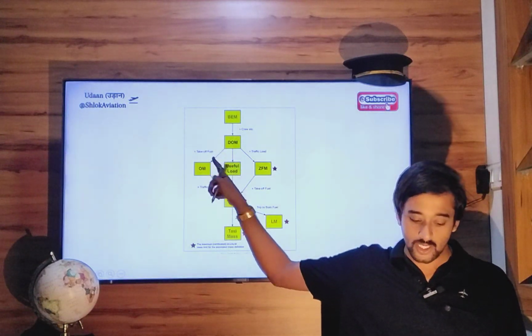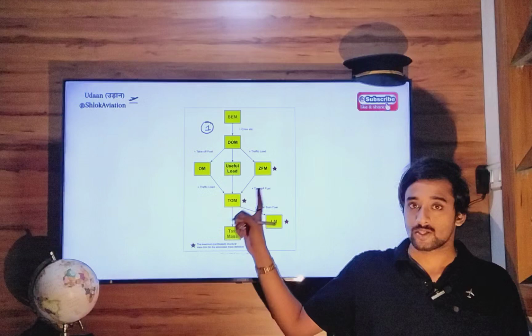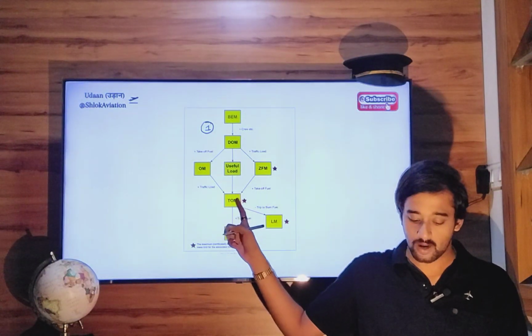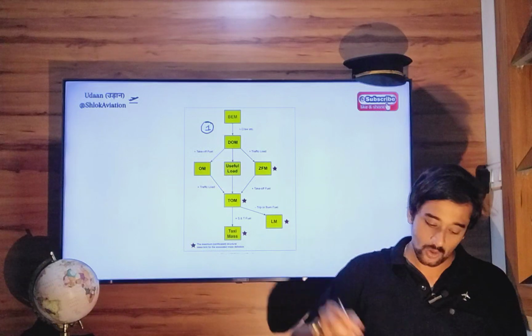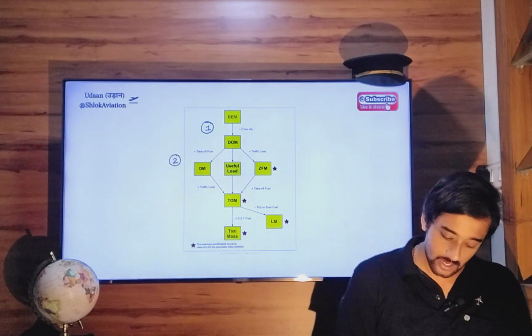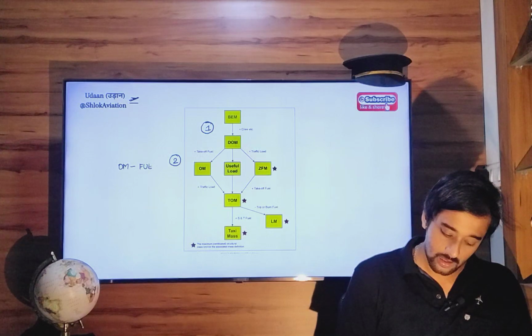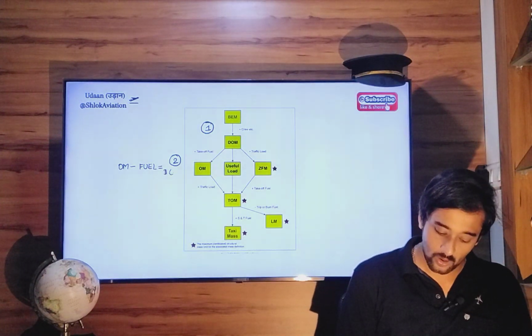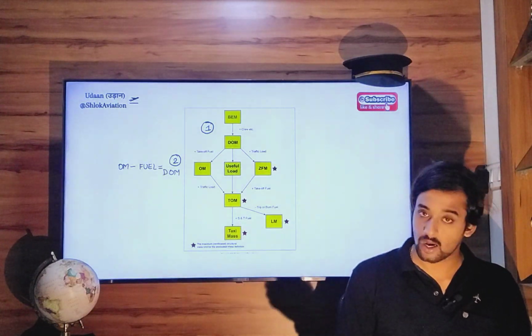Okay. So this is one way to obtain dry operating mass. The second way to obtain dry operating mass is: operating mass minus takeoff fuel will give you dry operating mass.